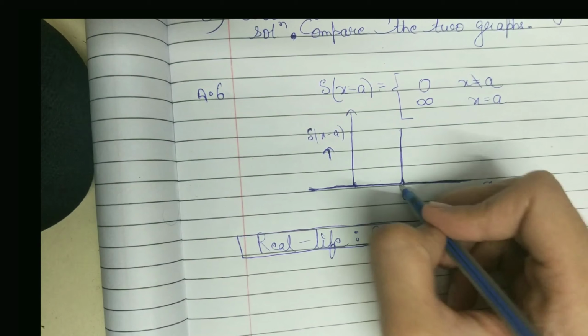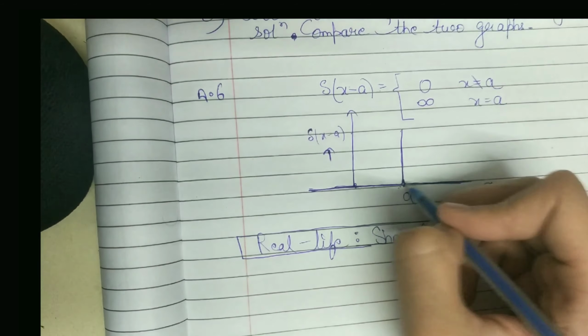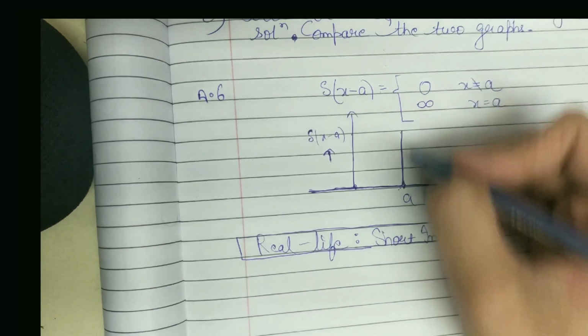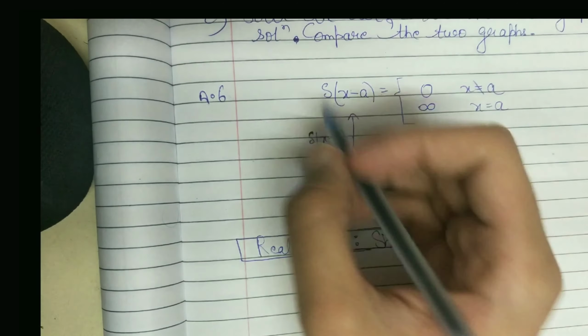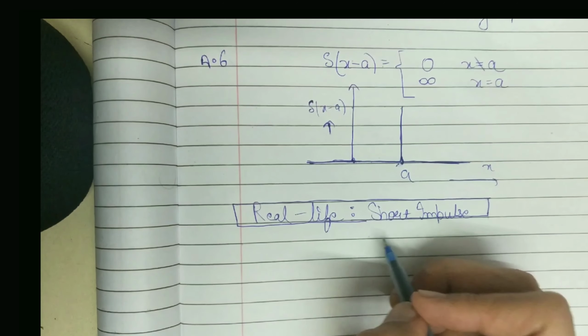In the same way, the Dirac delta function acts for a very short period of time that tends to 0, but has a value that tends to infinity. So the real life phenomenon represented by the Dirac delta function is a short impulse.